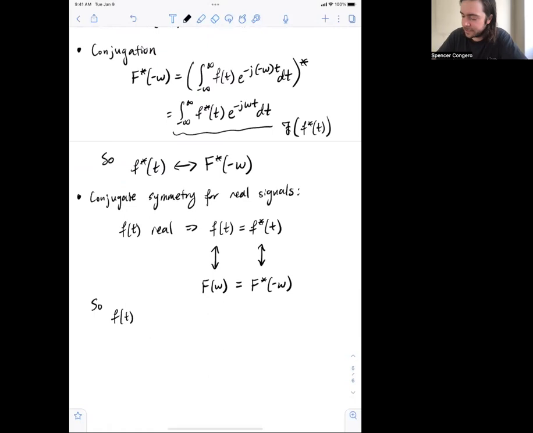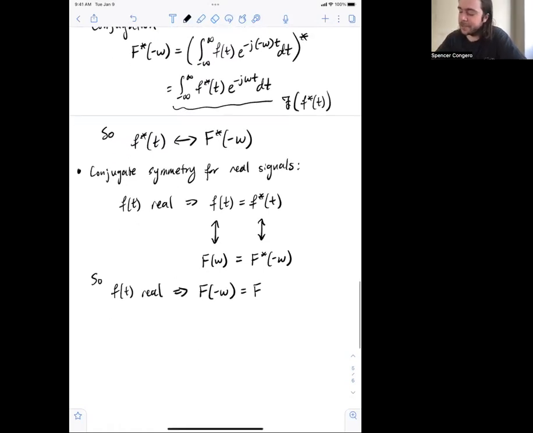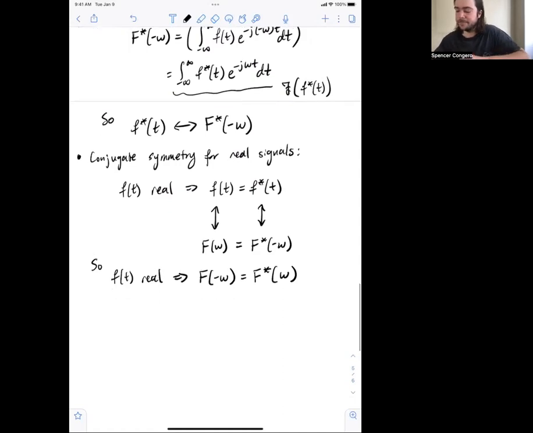If f of t is real, then, most people write it like this, F of negative omega, negating the argument of the Fourier transform, gives the conjugate. That's known as conjugate symmetry for real signals.